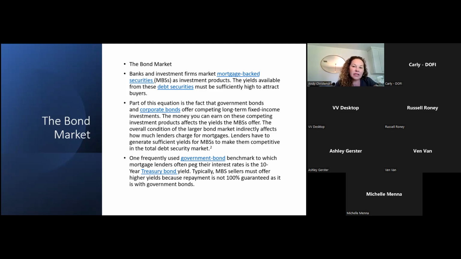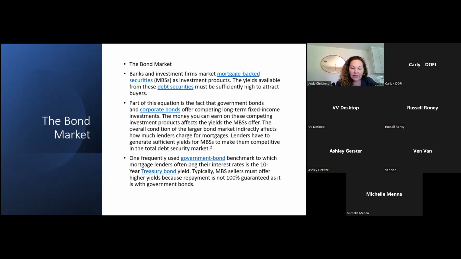So the next part of this equation is the fact that government bonds and corporate bonds offer competing long-term fixed income investments. The money you can earn on these competing investment products affects the yields the mortgage-backed securities offer. The overall condition of the larger bond market indirectly affects how much lenders charge for mortgages. Lenders have to generate sufficient yield for mortgage-backed securities to make them competitive in the total debt security market.